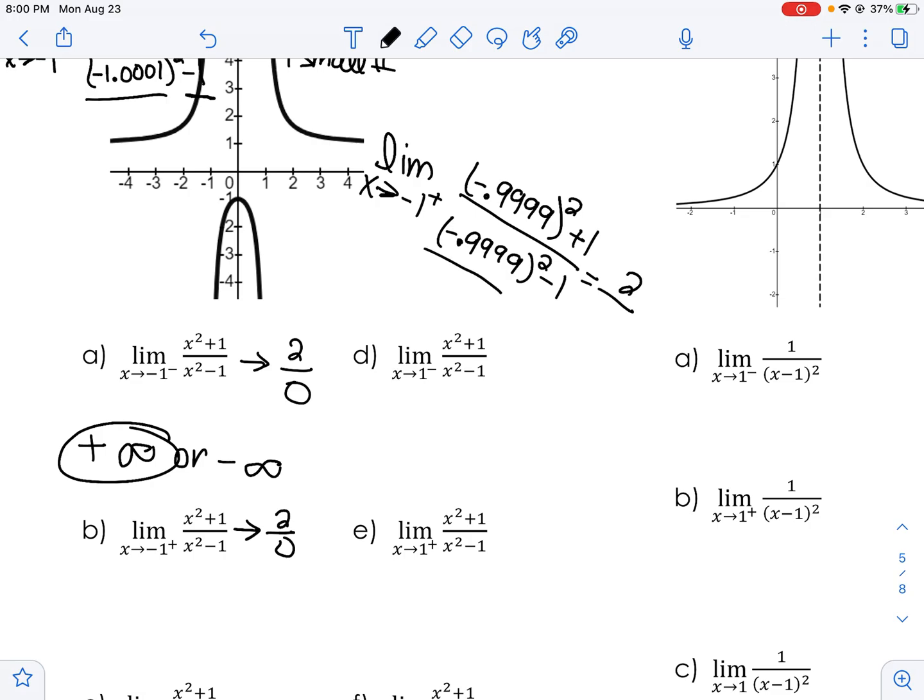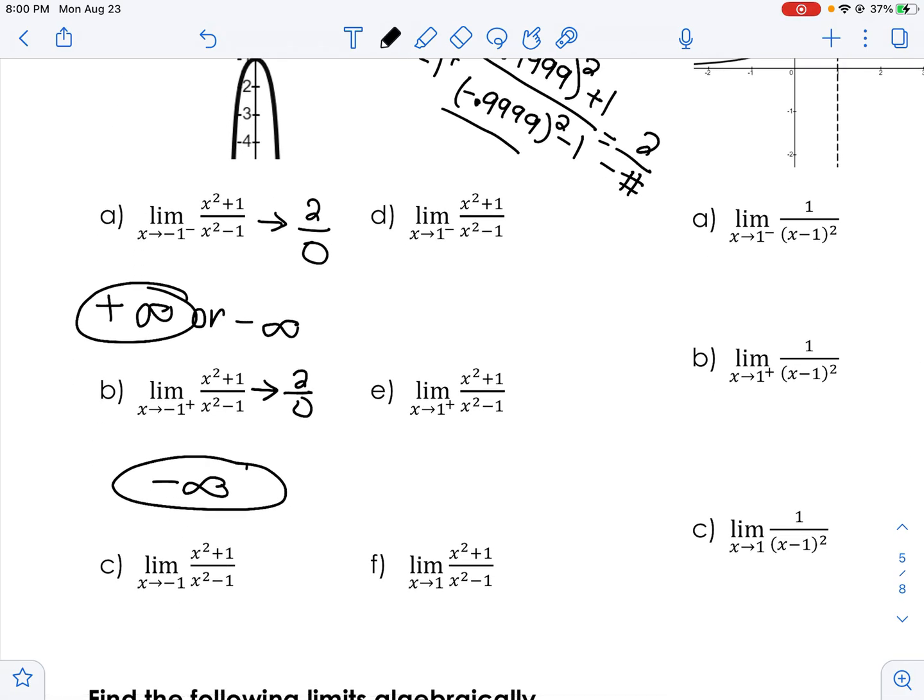And now I need to understand, is this negative 0.9999 squared going to be bigger than 1? Or is it going to be smaller than 1 and I'm going to get a negative number overall? So when I do that, I'm going to get a negative number, which makes my whole fraction a negative. And again, we only had 2 options, positive or negative infinity. But for this one, because we got a negative number overall, it's negative infinity.